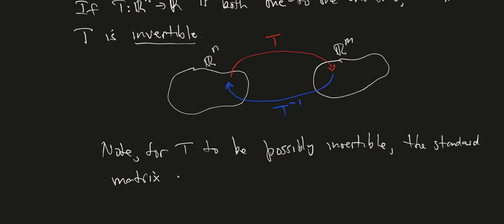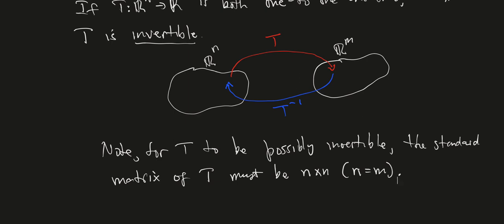So the standard matrix of T must be n by n. That means it would be a mapping from Rn to Rn, right? So in other words, the dimension of the domain must be equal to the dimension of the codomain.